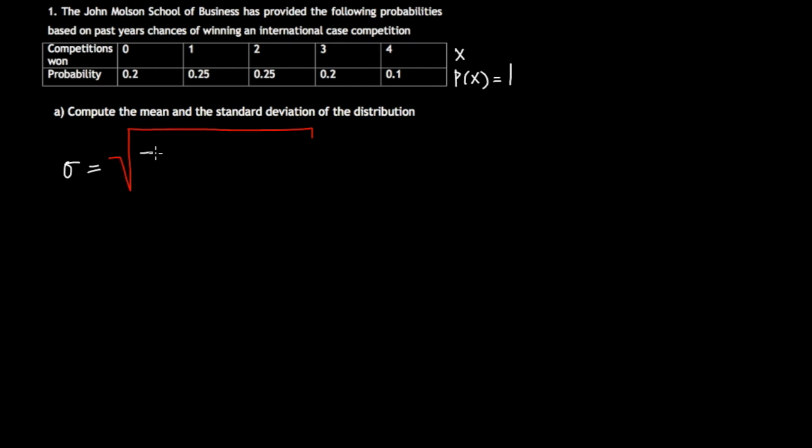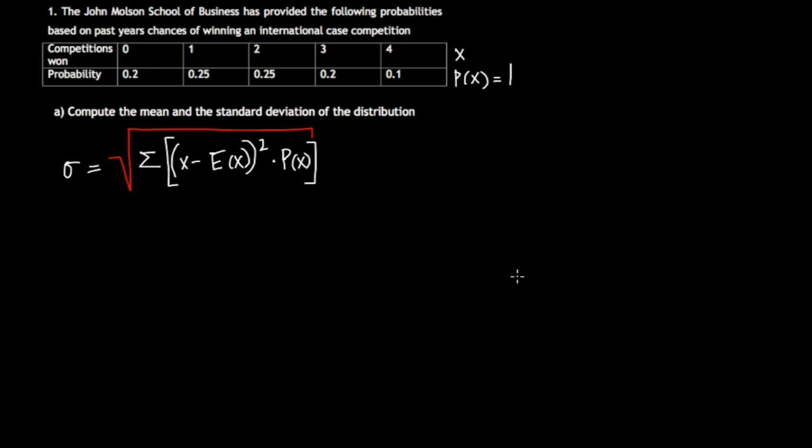Now, very similar to how we did the mean, this is going to be the sum of x minus, so each outcome minus the mean, and this entire thing to the power of 2, multiplied by its given probability, and we're going to sum each of these up for the 5 outcomes, okay?